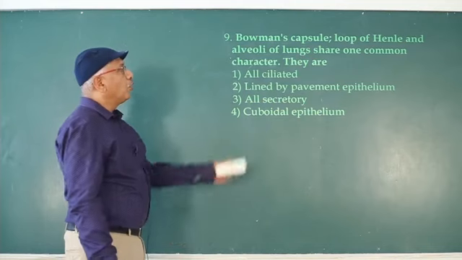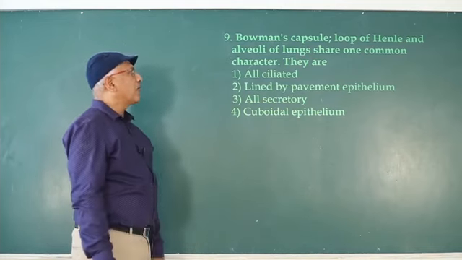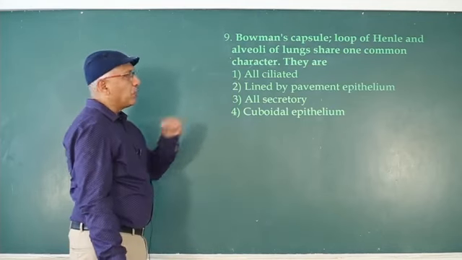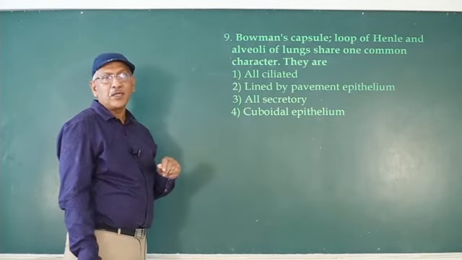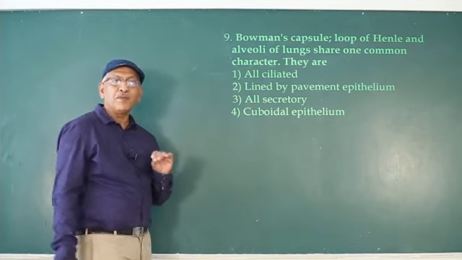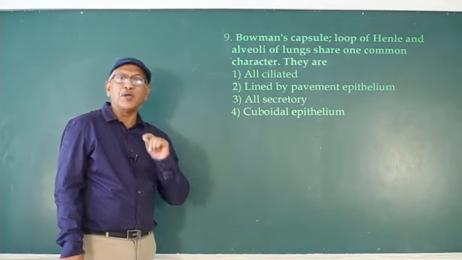Bowman capsule, loop of Henle and alveoli of lungs share one common character. All are ciliated? Wrong. Lined by pavement epithelium. What is pavement epithelium? Simple squamous epithelium is known as pavement epithelium. The cells are flattened like flat stones in a pavement.